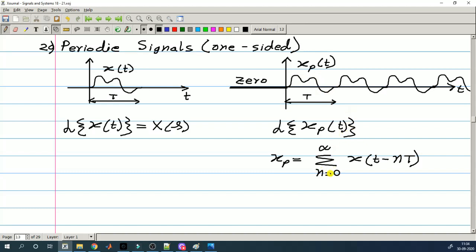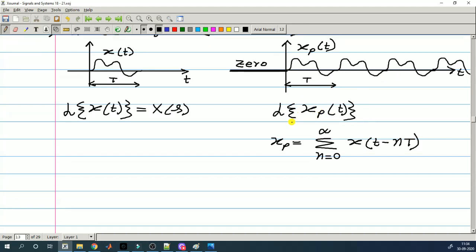Then if you put n equal to 1, that will give us this second period. And if you put n equal to 2, that will give us this third period, and so on.